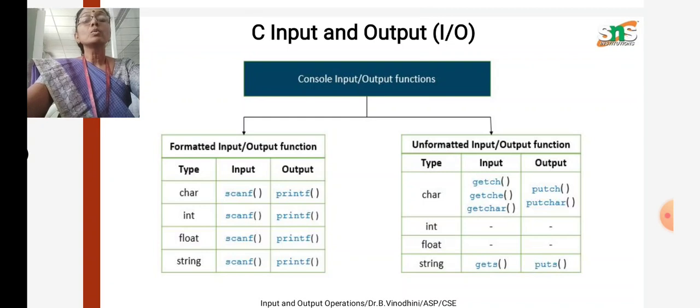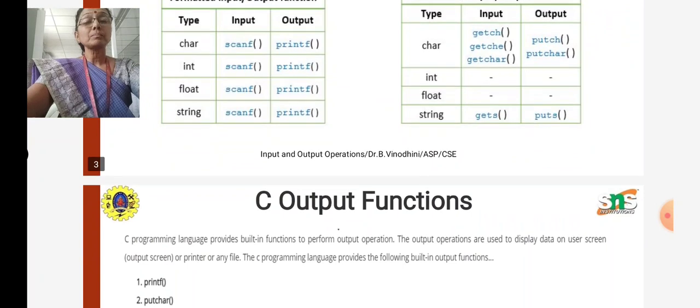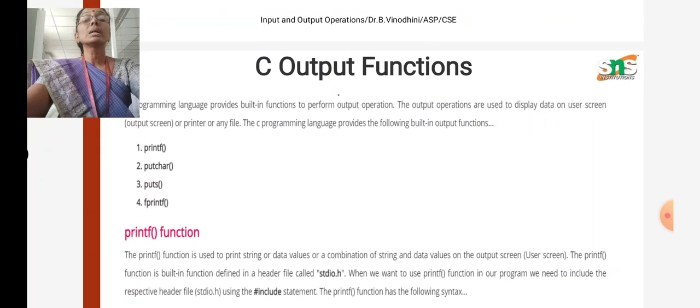Whenever you are using these functions, first we have to include the standard input output header file in the header section. This is a very important one. Now we will see the formatted and unformatted output functions used in the C program. The output functions are printf, putchar, puts and fprintf.